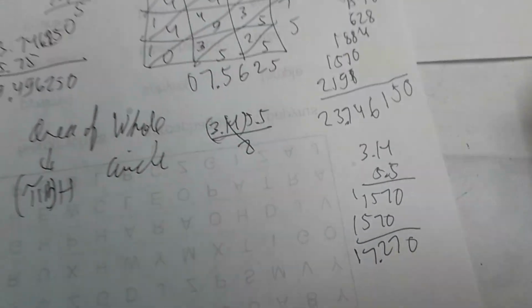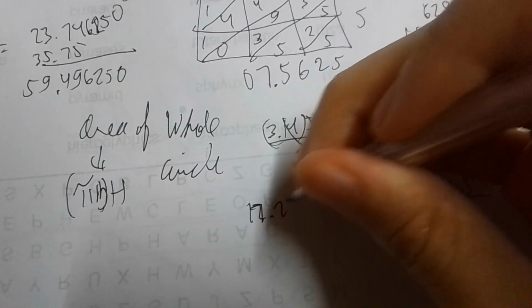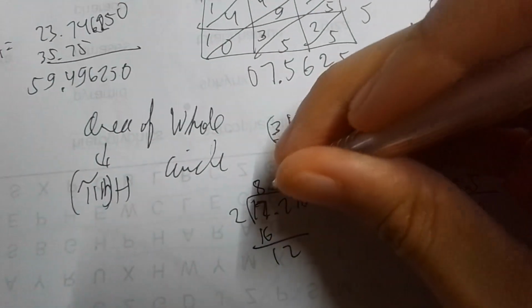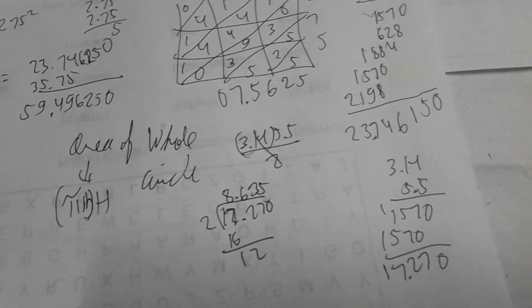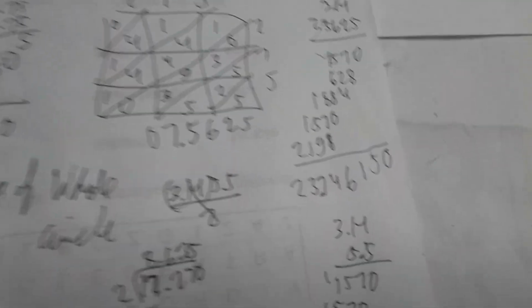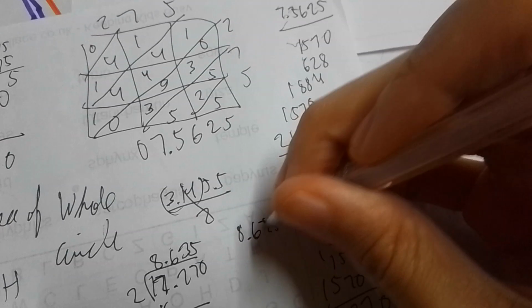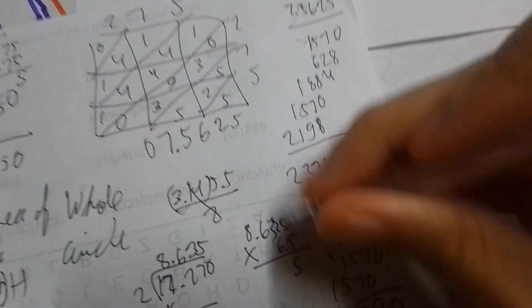Then add, and then from there, we divide. 8, 16, 6. Right. And then with that, we need to multiply that by our height. So, 8.635 times our height. What's our height? 6.5.